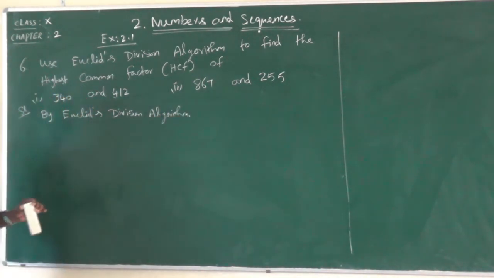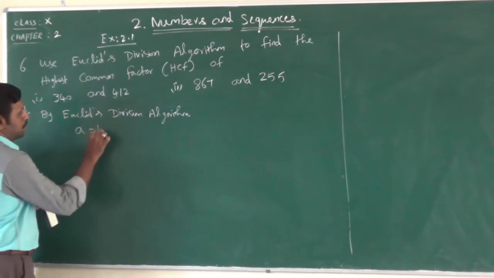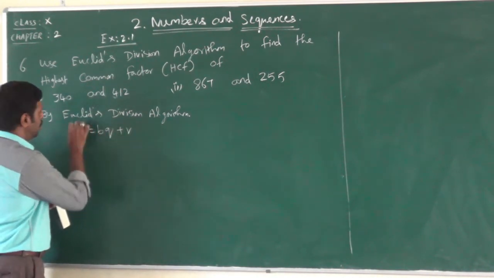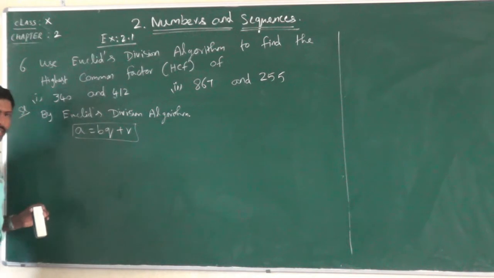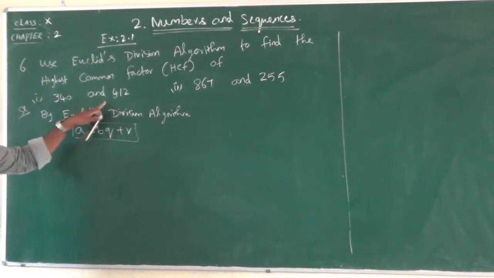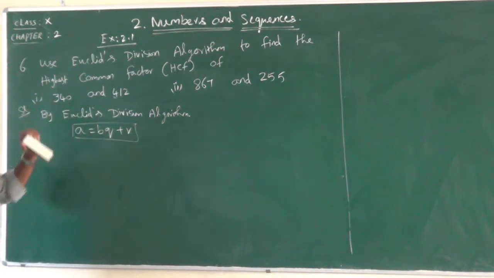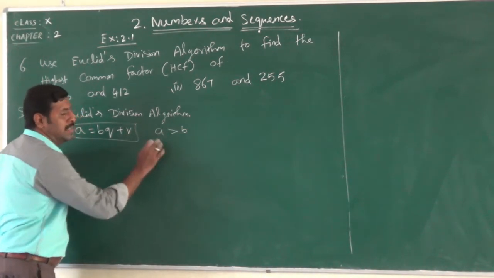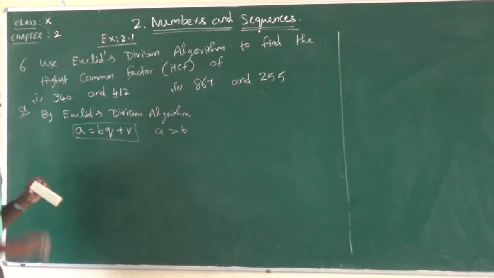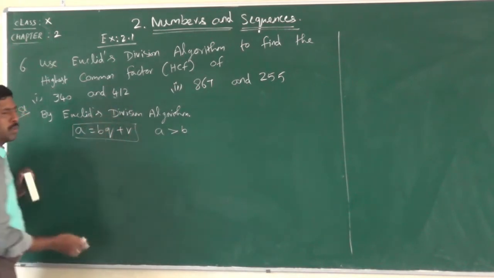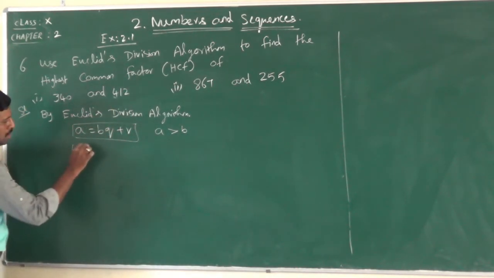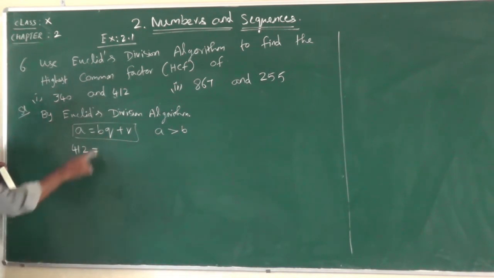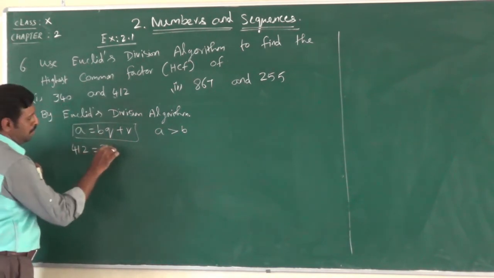We have the form A is equal to BQ plus R. The two integers given are 340 and 412. We know that A is always greater than B, the dividend is always greater than the divisor. So we take 412 as A, and the divisor is 340.